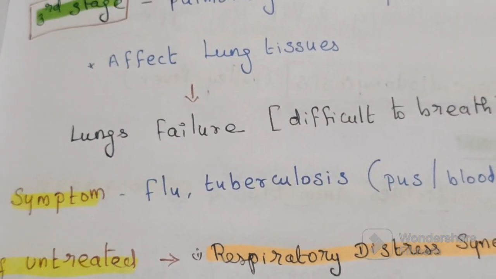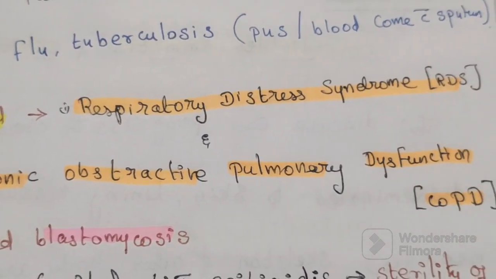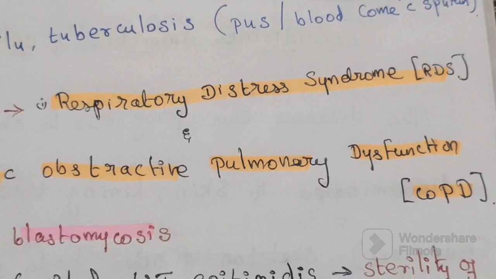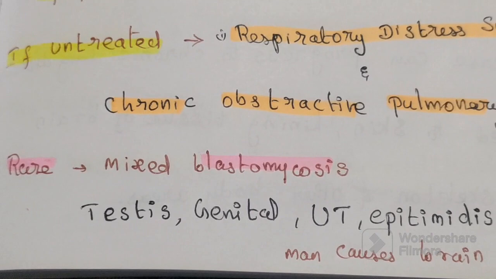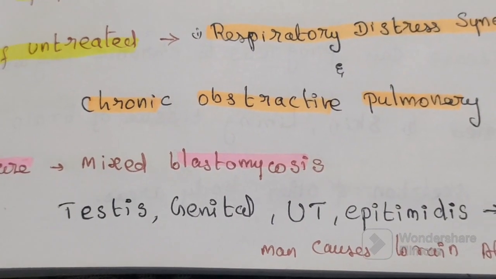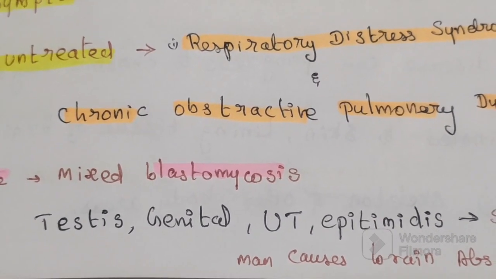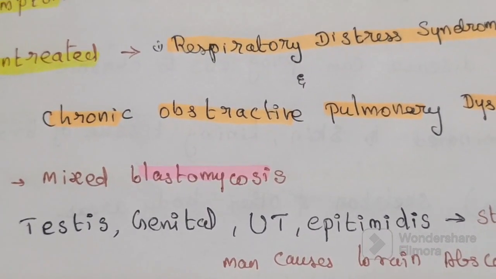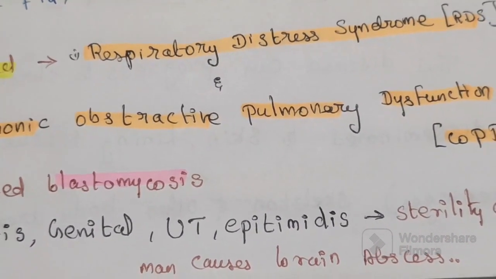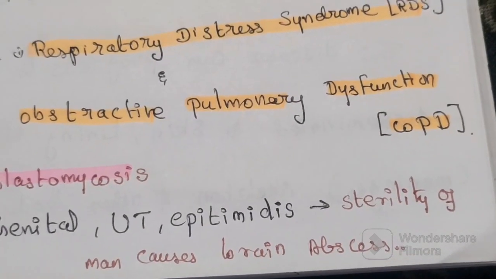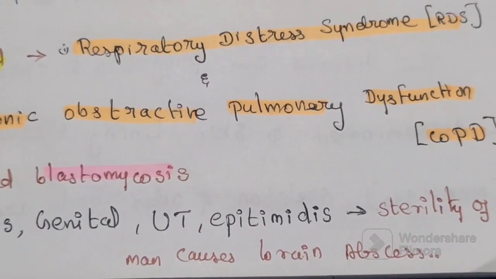The last one is rare disseminated blastomycosis. It causes infection in different tissues: testis, genital and urinary tract, and different places. It causes sterility in men and brain abscess.